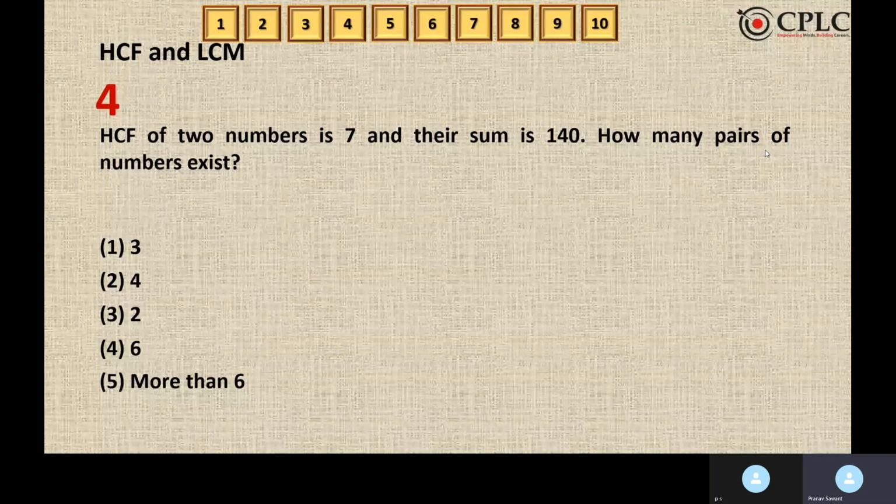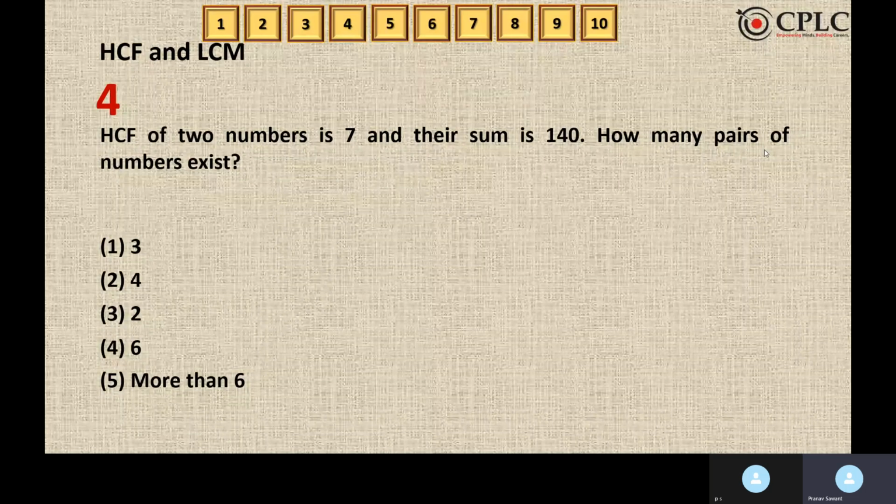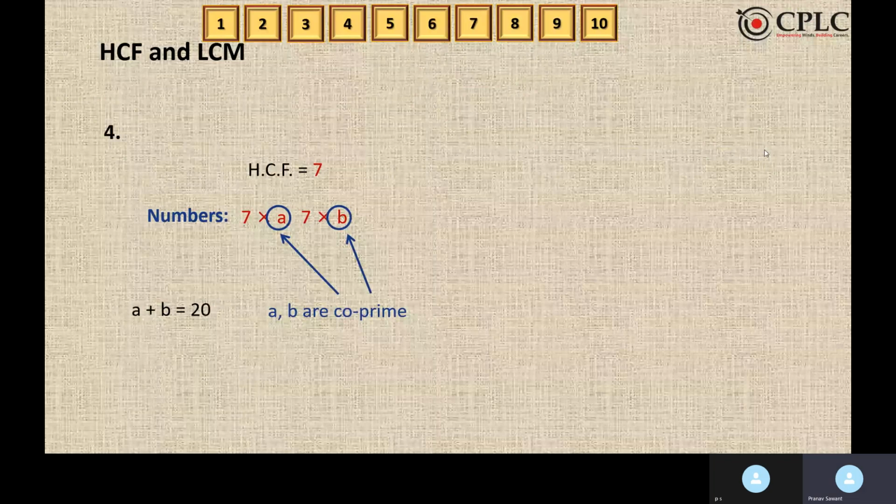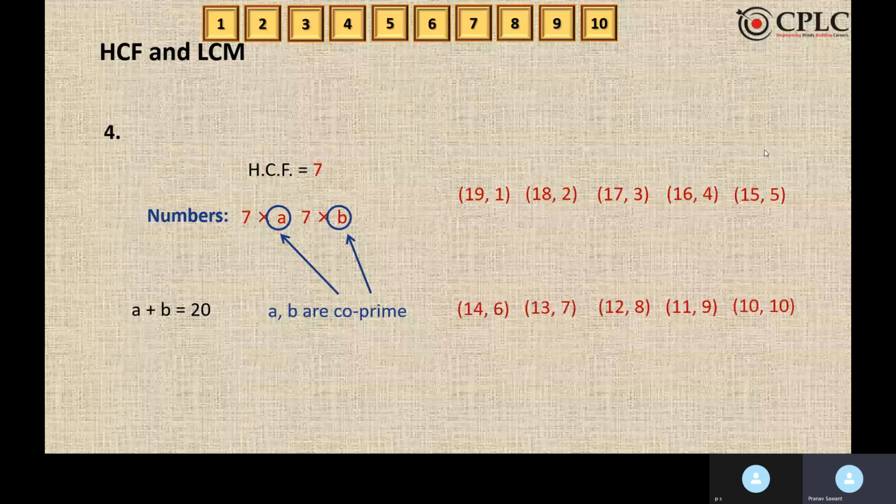So, according to this concept, we will get an equation that says 7A plus 7B is equal to 140, and after solving this, we'll get A plus B as 20. Now pick out the pairs that will give you the sum of two numbers as 20. So 19 plus 1, it's 20, 18 plus 2, it's 20. All these are the pairs.